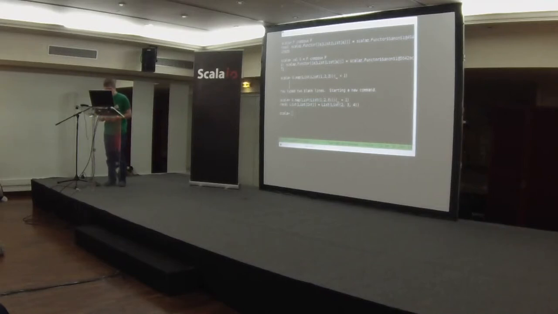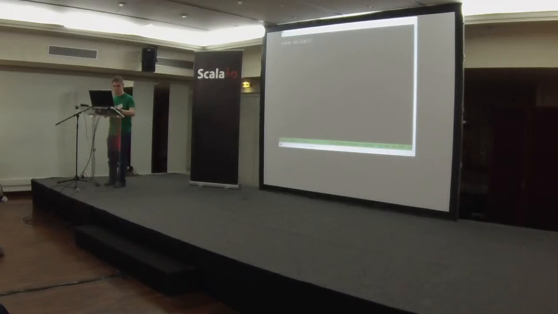And the good thing is, not only do the functors compose, but also applicatives compose. So we can also compose two completely different types of applicatives, and this is all really nice.